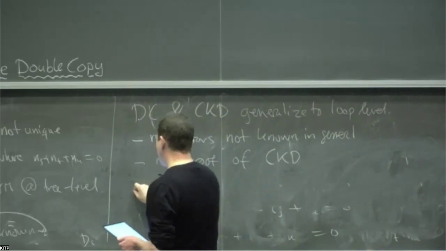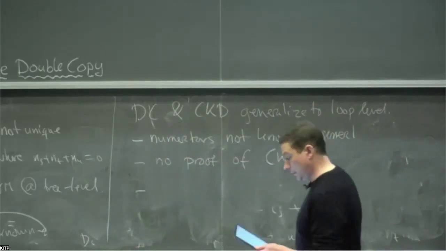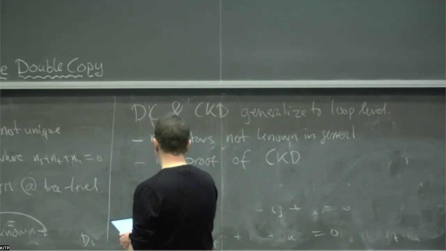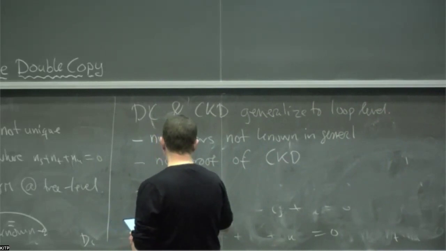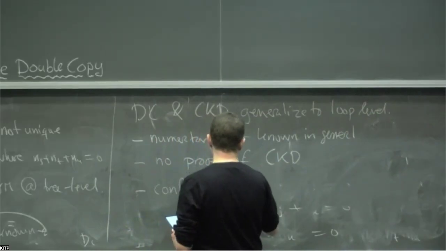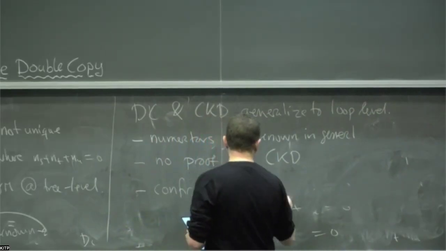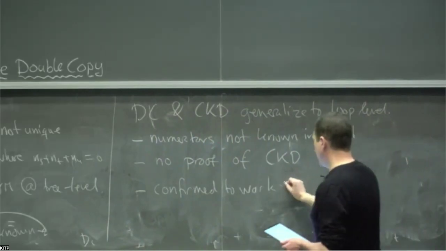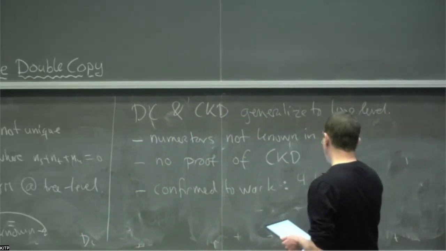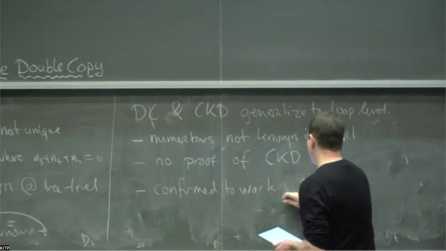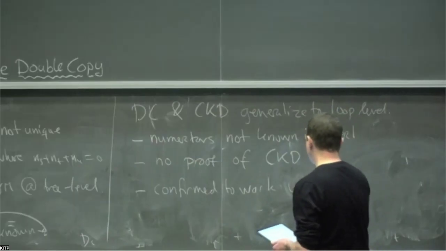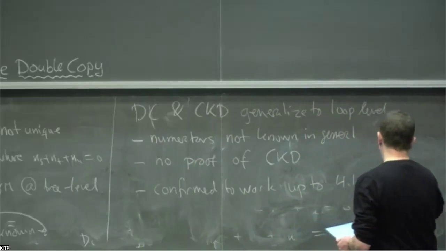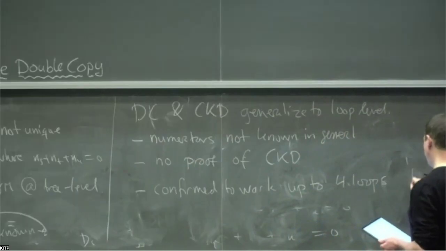But there are many examples where it works. So it's confirmed to work. The most impressive case is up to 4 loops in N equals 4 super Yang-Mills.